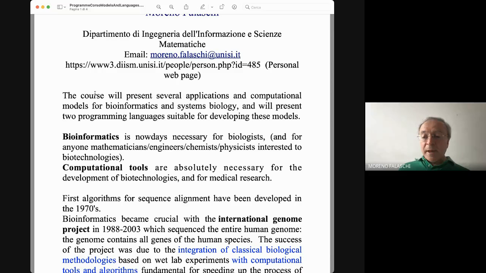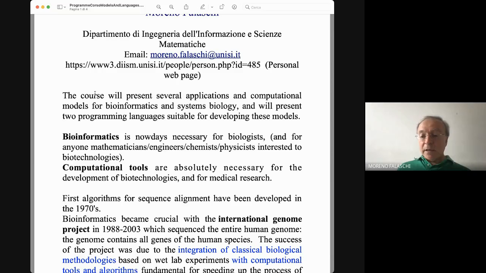But bioinformatics became really crucial when the International Genome Project was started and developed in the years between 1988 and 2003, when it was completed. In this project, the aim was to sequence the entire human genome. So the genome contains all genes of the human species.